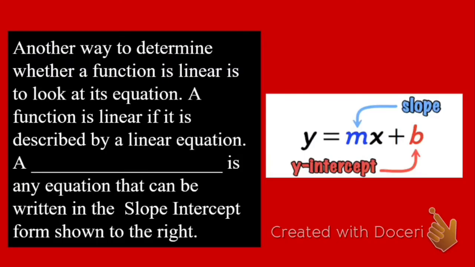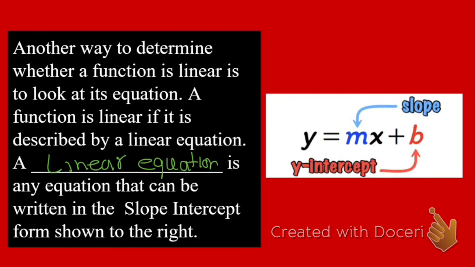So let's look. Another way that we can determine whether a function is linear is we're going to look at the equation. A function is linear if it is described by a linear equation. A linear equation is any equation that can be written in slope-intercept form shown on the right.